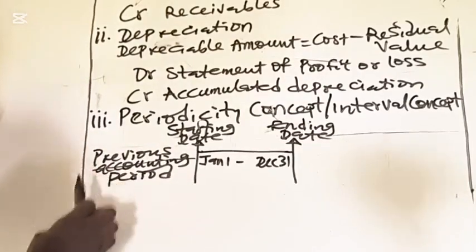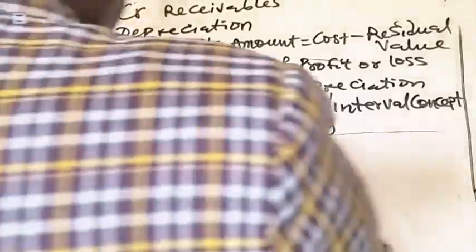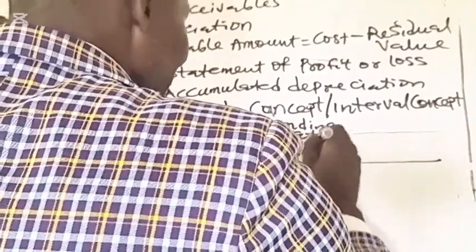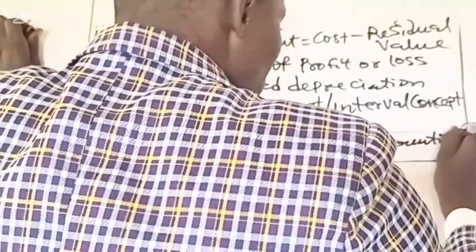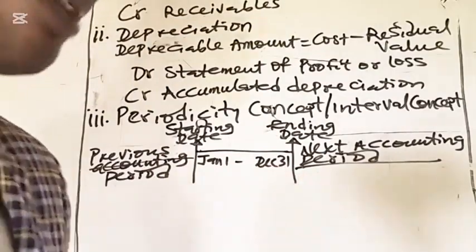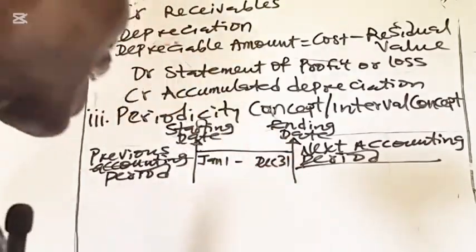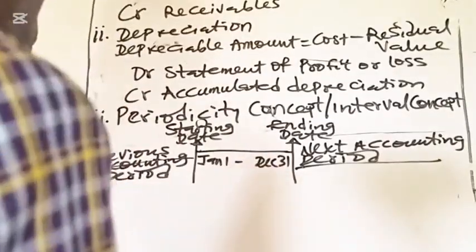If it falls here, that means it relates to the previous accounting period. But if it falls here, that means it falls within the next accounting period. Please bear this in mind. It is this periodicity concept or interval concept that we highlight to be applied to the other adjustments I'm about to look at.